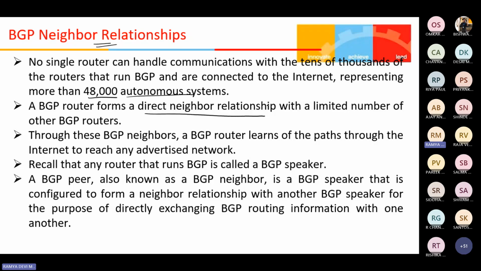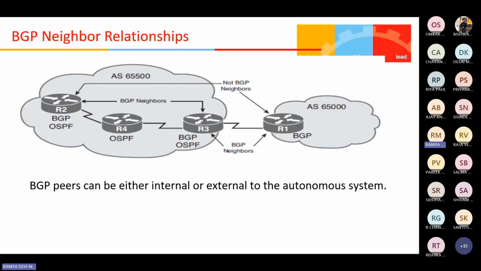That is the purpose of neighbor relationships. In this example, BGP peers can be either internal or external to the autonomous system. Internal BGP peers are called IBGP peers. External, we'll say EBGP.